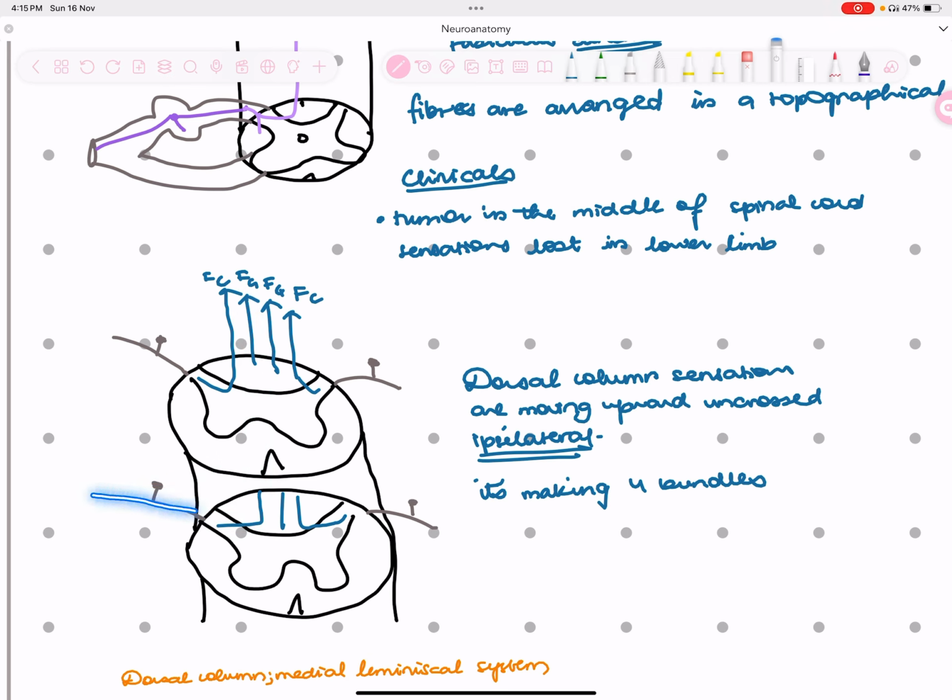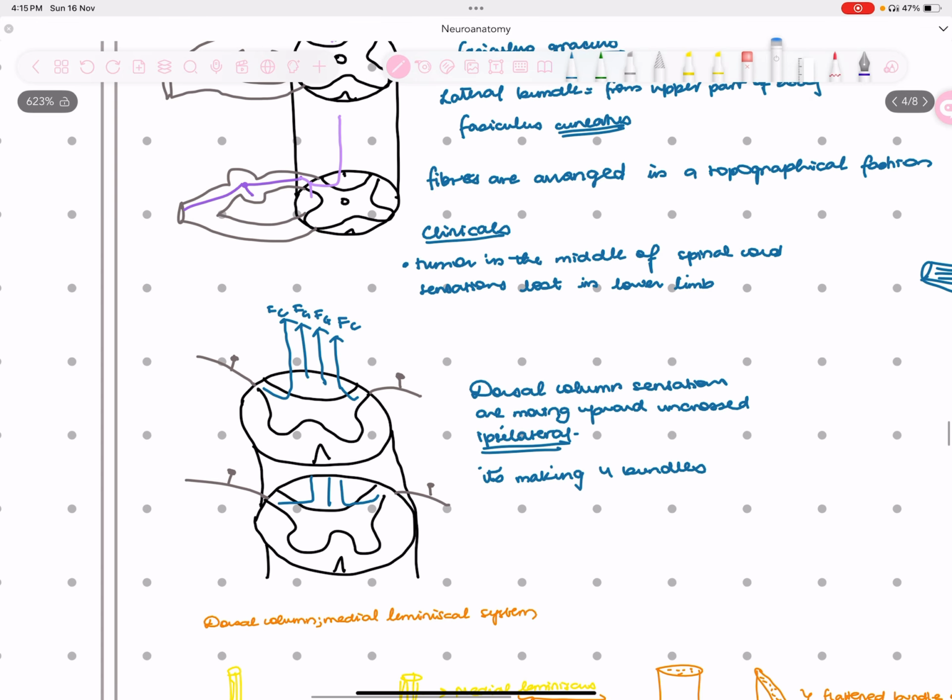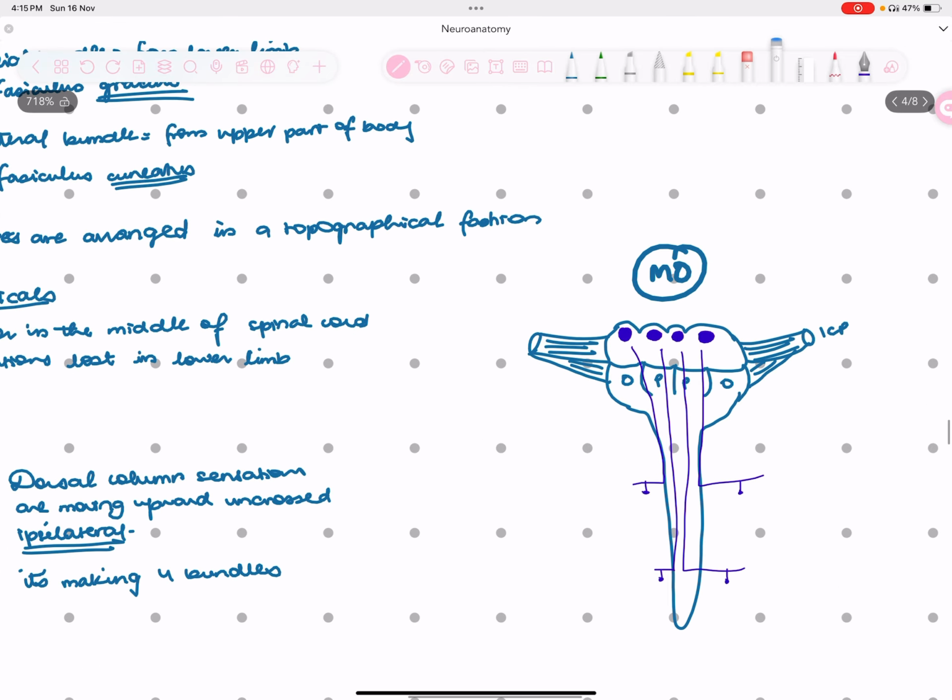For example, if it's coming from the left side, it's going to go to the left dorsal white column, and if it's coming from the right side, it's going to go first to the right-sided dorsal gray horn and then the dorsal white column of the right side only, and then it's going to ascend further. So it's ipsilateral. They're moving upwards, uncrossed, ipsilaterally, right? And then it's making four bundles: fasciculus gracilis, gracilis, cuneatus, cuneatus. So this is your dorsal column, right?